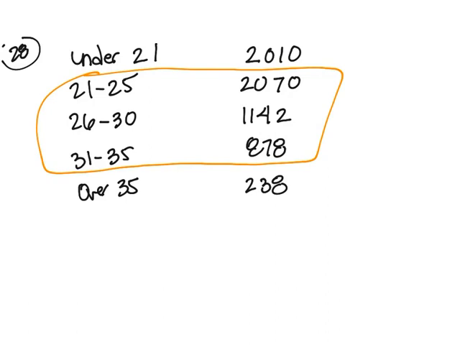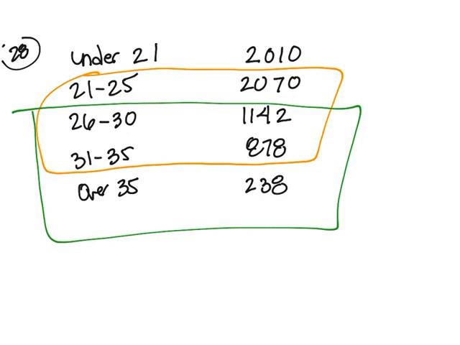B says that the student is 26 or over. 26 or over would be what? Right. So the two that are in both boxes, who is that? The 1142 and the 878. So if you add those two up, you get 2020.